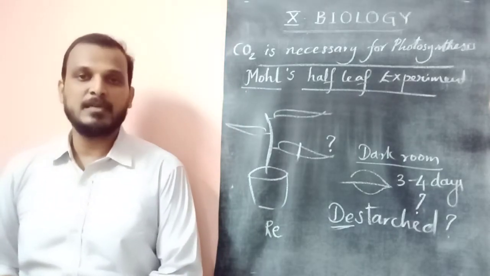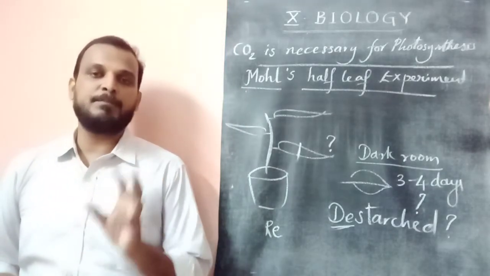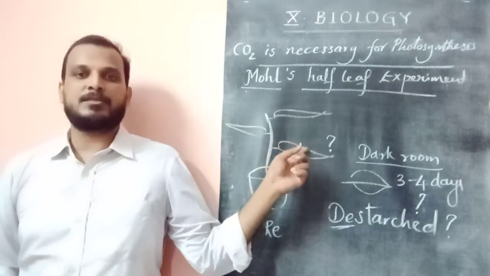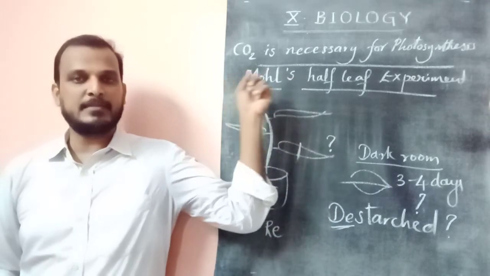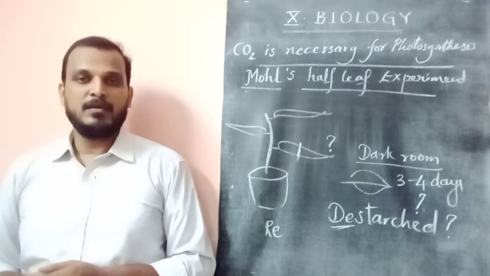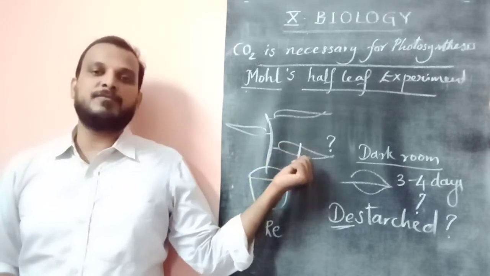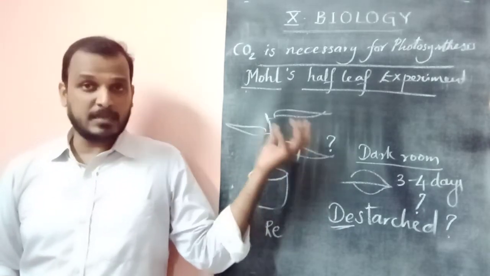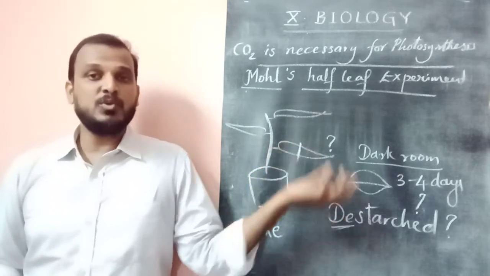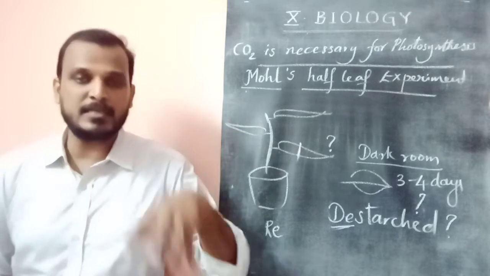The answer is, before knowing the importance of carbon dioxide, we say that carbon dioxide is necessary for photosynthesis to prepare starch. If starch remains in this leaf while we are doing the experiment, we fail to tell whether new starch is formed or not, because starch is already there.